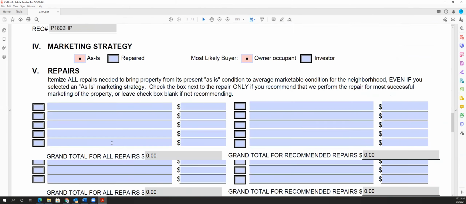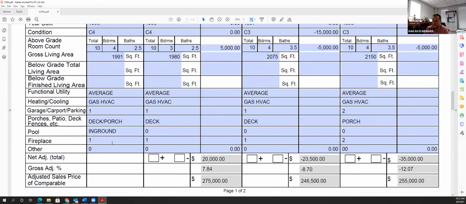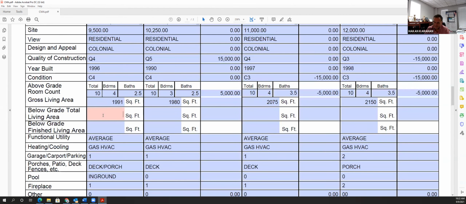I thought I filled this out. For some reason I didn't copy it. All right. Let me redo this real quick before we head into that area.